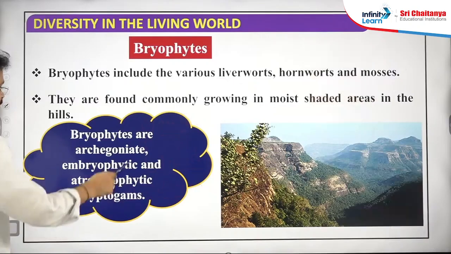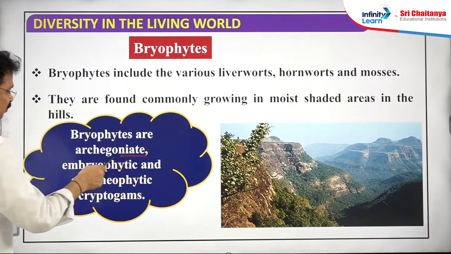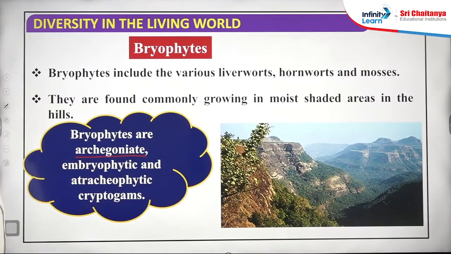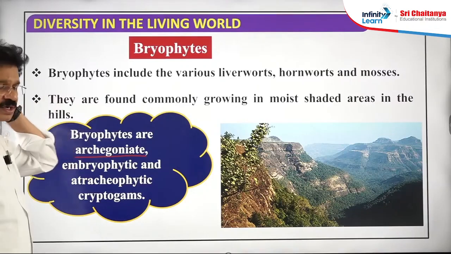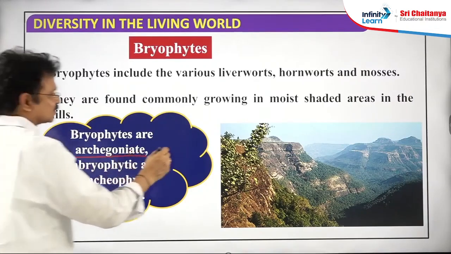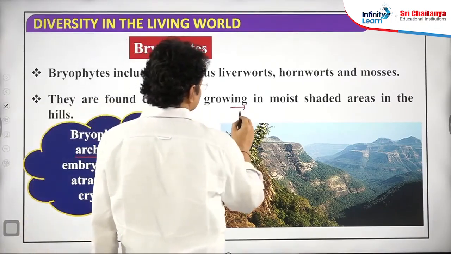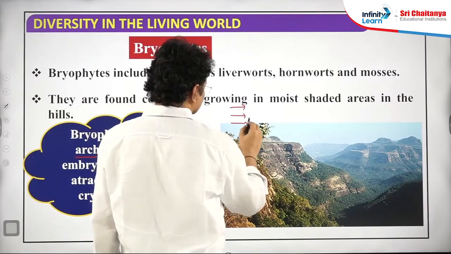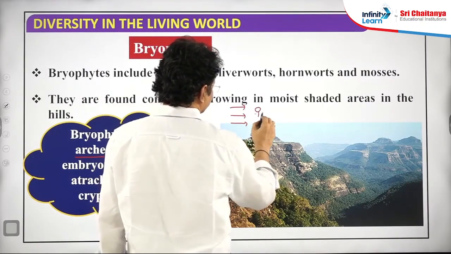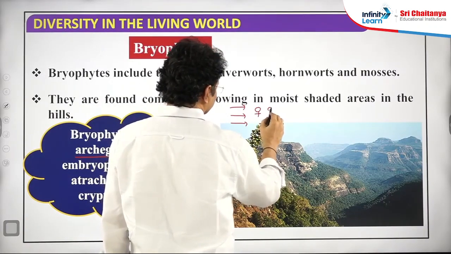Bryophytes are also called archegoniates because the female reproductive structure is the archegonium. Especially in lower plants like Bryophyta, Pteridophyta and gymnosperms, female organs are gametangia.